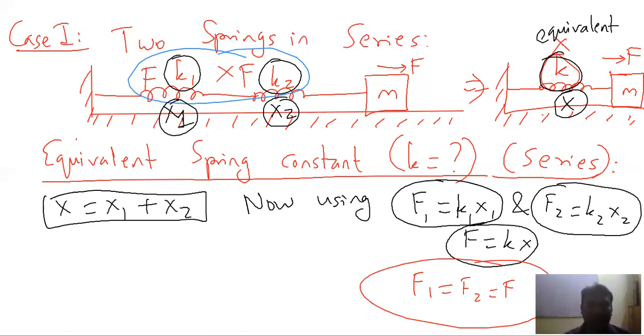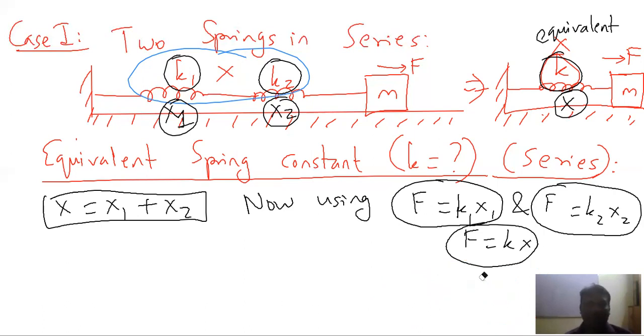So I can rewrite my equation of spring force for each spring as F is K1 x1, F is K2 x2, and F is equal to Kx.